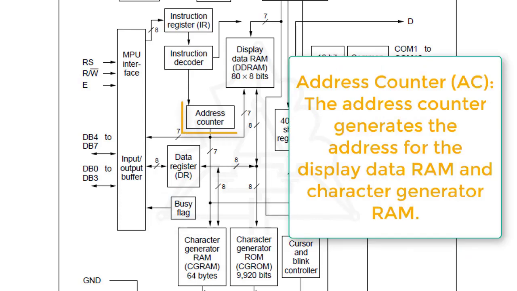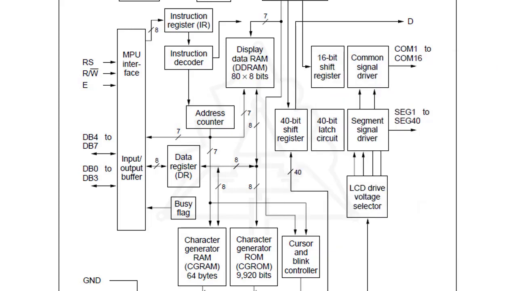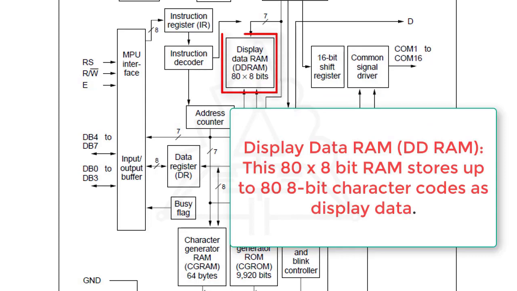The address counter generates the address for the display data RAM and character generator RAM. This 80x8-bit RAM stores up to 80 8-bit character codes as display data.